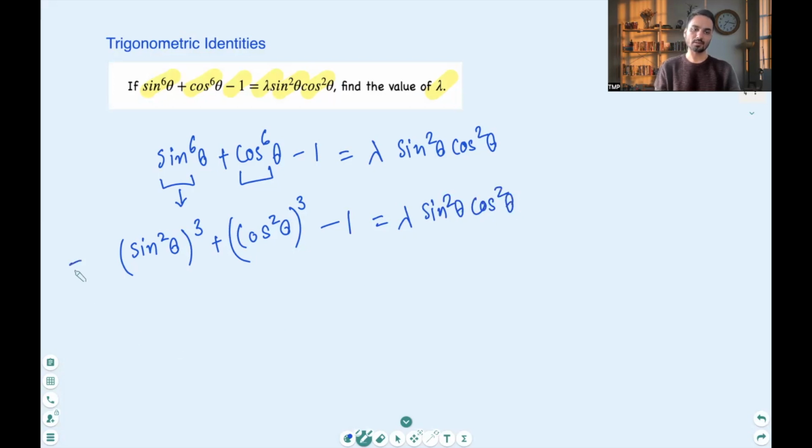On the left-hand side, now you have something like a cube plus b cube, which is same as (a plus b) whole cube minus 3ab(a plus b).